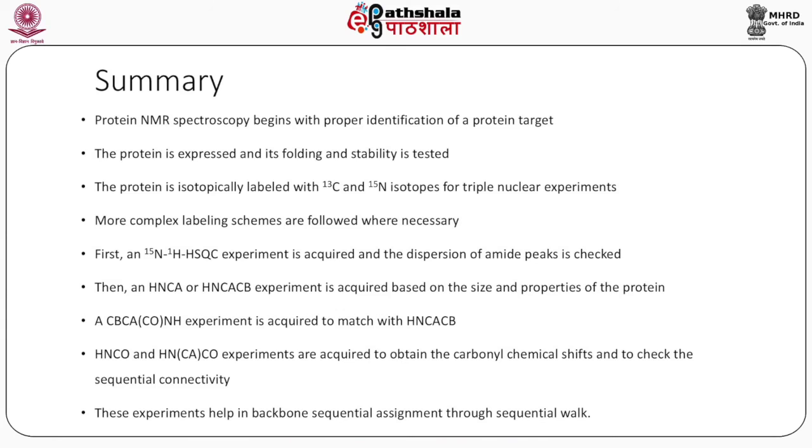A CBCA(CO)NH experiment is acquired to match with HNCA-CB. HNCO and HN(CA)CO experiments are acquired to obtain the carbonyl chemical shifts and to check the sequential connectivity. These experiments help in backbone sequential assignment through sequential walk.